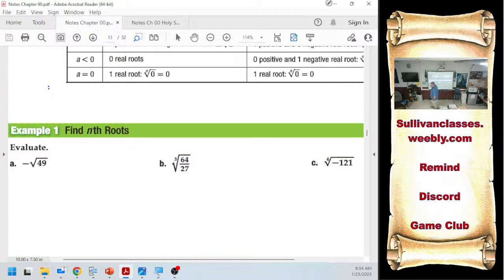Do you know off the top of your head what is 7 cubed? 7 cubed. Ouch. Okay. 343.